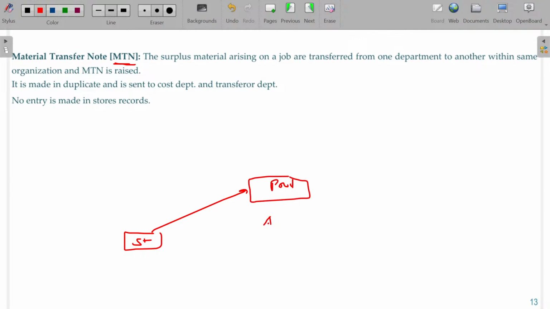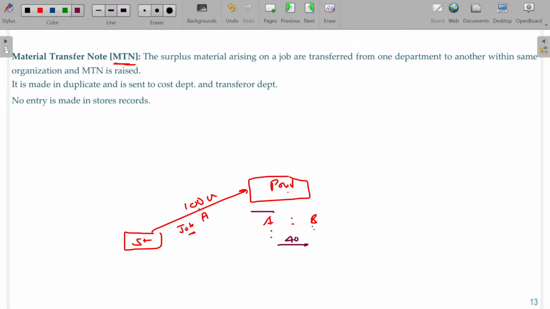The production department has two jobs, A and B. The production department requests goods, say 100 units, stating that it needs 100 units to be used for job A. But the production department is doing job A as well as B in parallel. After the goods are delivered to the production department, it later realizes that out of 100, 40 units are not required and are transferred from A to B. The units were asked for A but used for B.